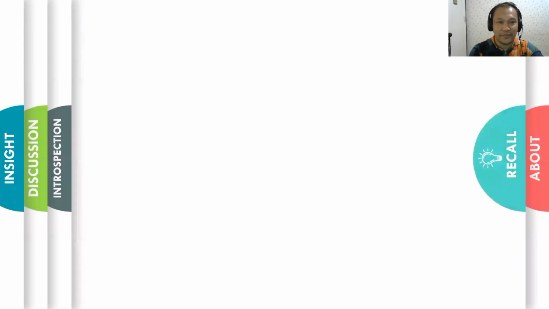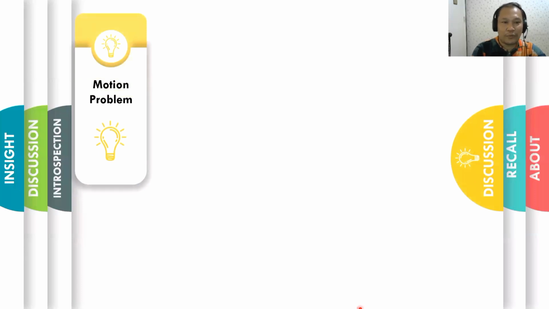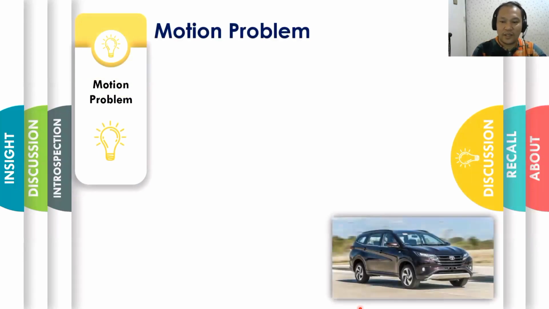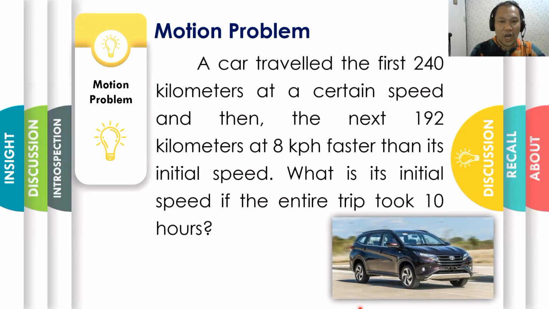Next, another motion problem that we are going to discuss is all about the rate of the car. A car traveled the first 240 kilometers at a certain speed, and then the next 192 kilometers at 8 kilometers per hour faster than its initial speed. Meaning to say, there is a variation of the rate, or a variation of the speed.